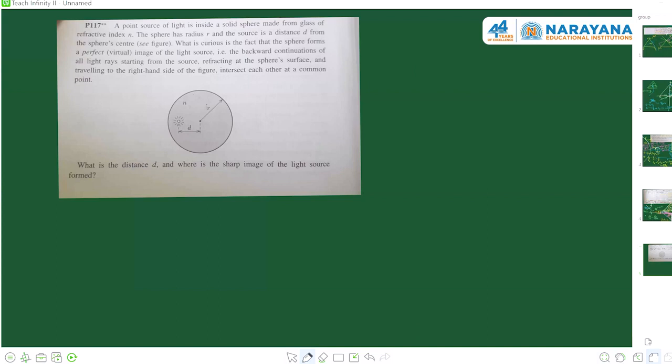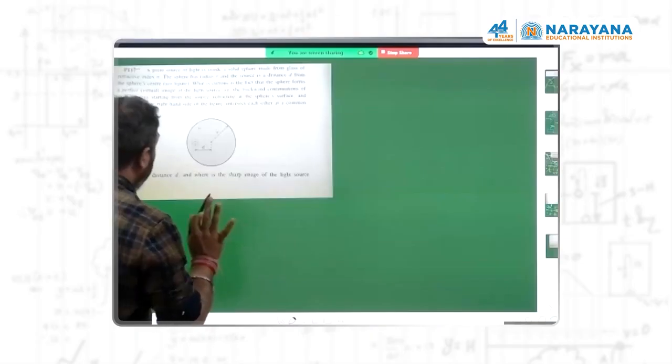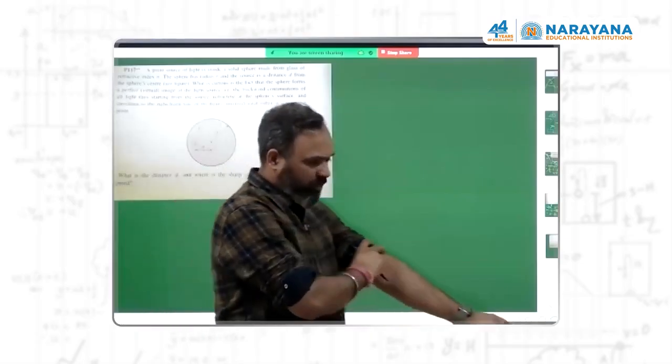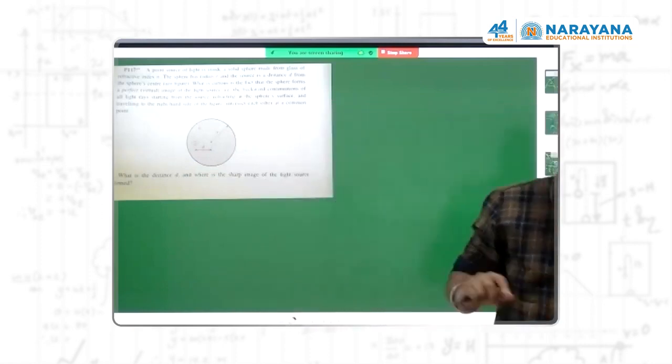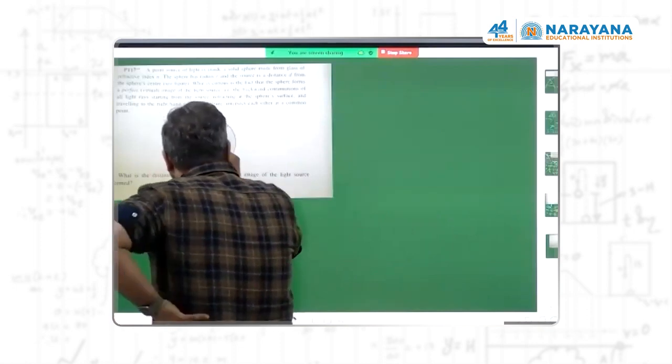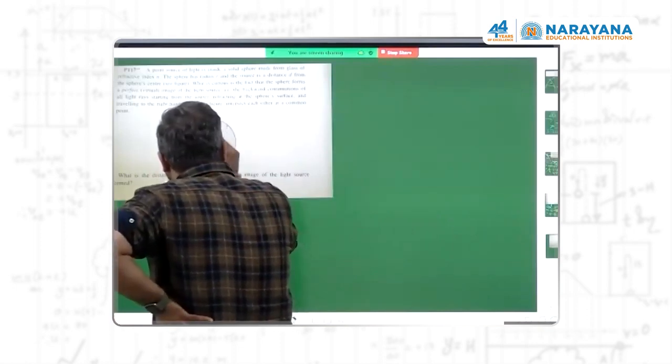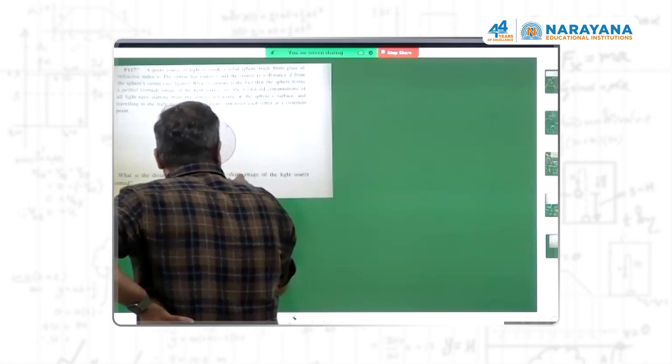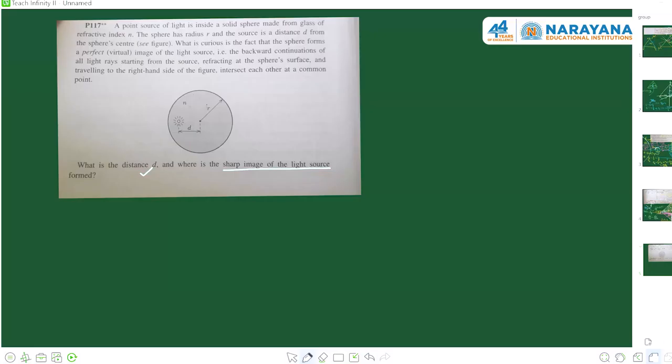His question is, if you put a point source of light inside that solid sphere at a distance d from the center, where d is less than r, he is saying, and generally it doesn't happen, but he's saying there will be a unique distance for which all the rays which are going rightwards from the source actually form a single sharp image. We want all the rays which are moving rightwards to form a single sharp image.